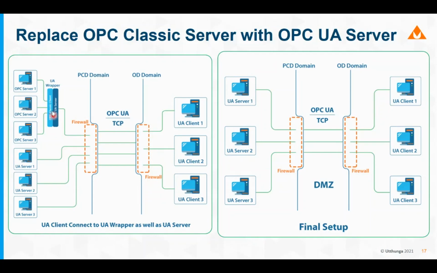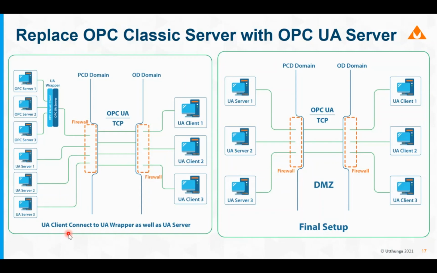First, we have a wrapper. This was originally there. We already had the wrapper. We are putting 3 UA servers, which act the same as what the OPC servers were doing. So they are pulling the data from the same devices, the same sources, but they are giving this data in a UA server way.